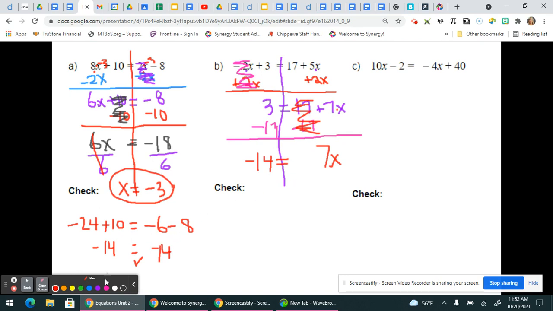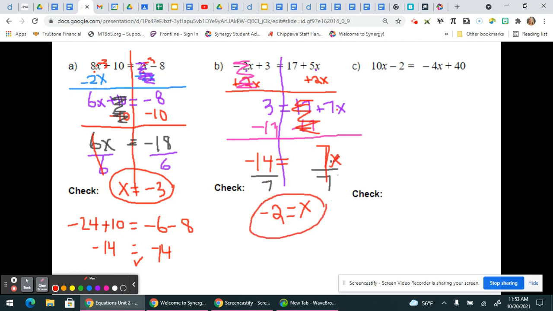We are almost done. Let's get this x by itself. So unwind a times 7 by dividing by 7 on the right, dividing by 7 on the left. 7 divided by 7 is 1x. So yes, I've got my x alone. X is equal to negative 14 divided by 7, which gives me a negative 2.